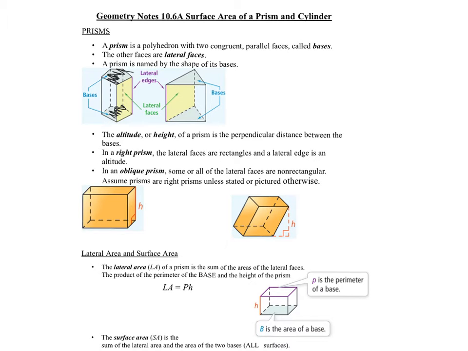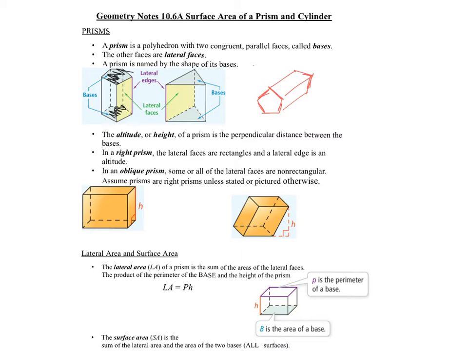Therefore, that would be a pentagonal polyhedron, meaning that we name these after the shape of their bases. And that it would be a base even if it was sitting like this. So just because it's called a base doesn't necessarily mean it's what's touching the bottom, okay? The base is what the 2 parallel sides are.